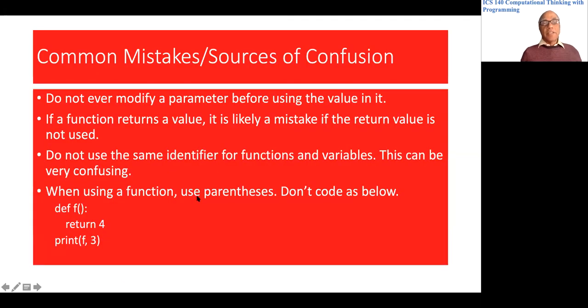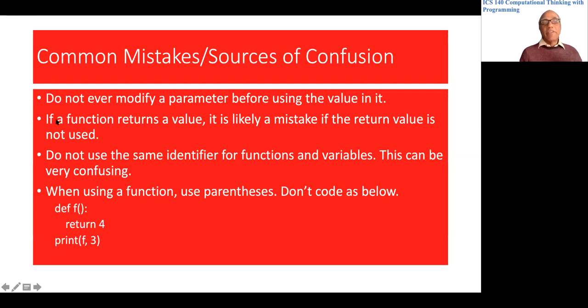Now, a summary of common mistakes or sources of confusion sometimes. These are important. That is why I have put this red background. Otherwise, I don't like making things so colorful.